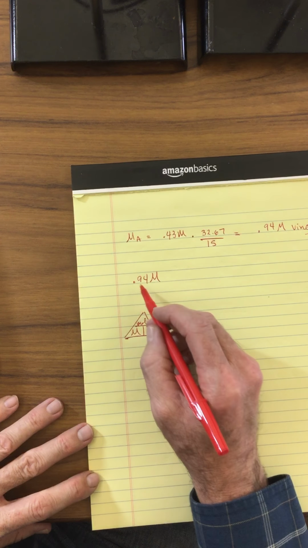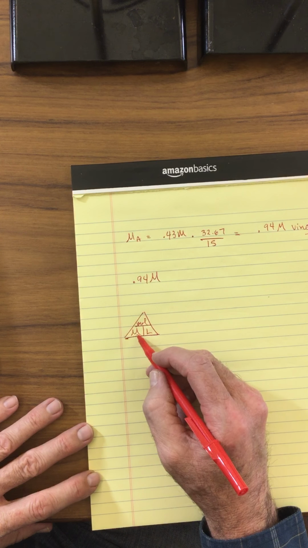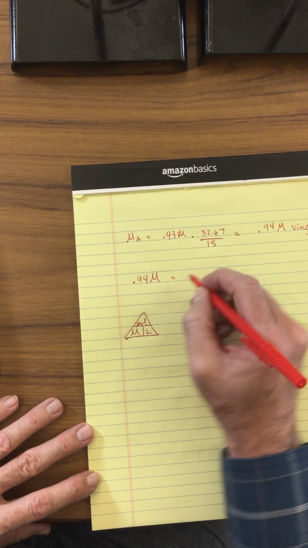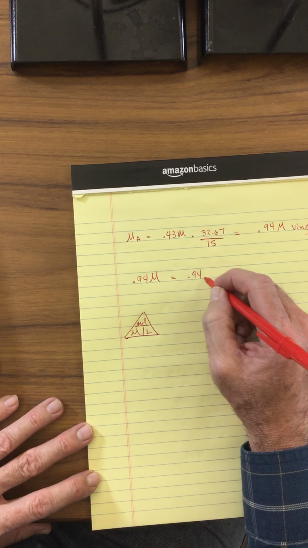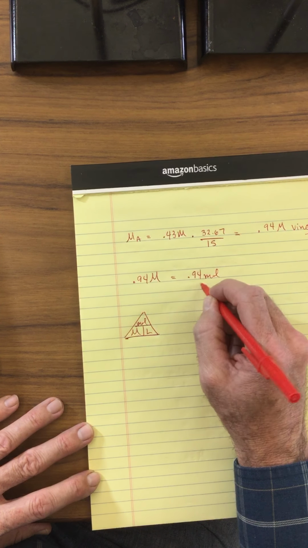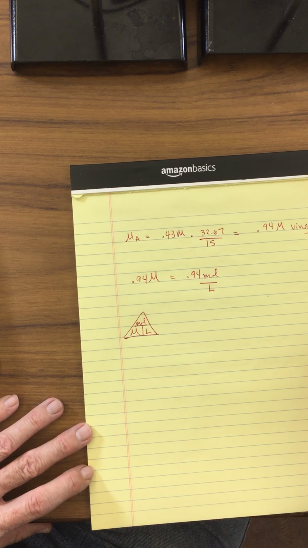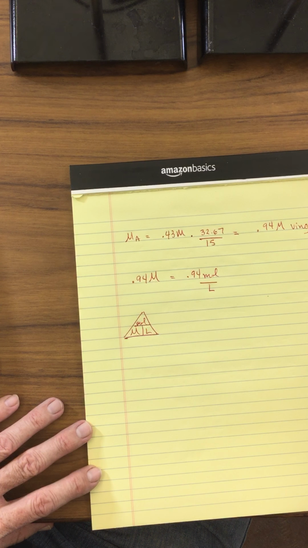So 0.94 molarity is equal to 0.94 moles over liters. And what I want to get is a percent from this. From moles over liters, I want to get to a percentage.